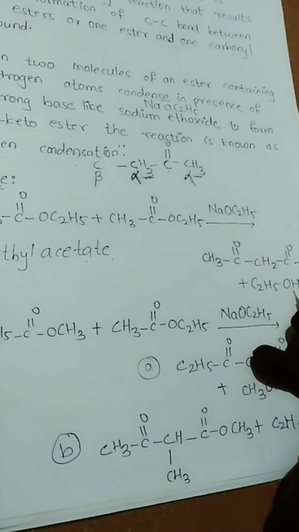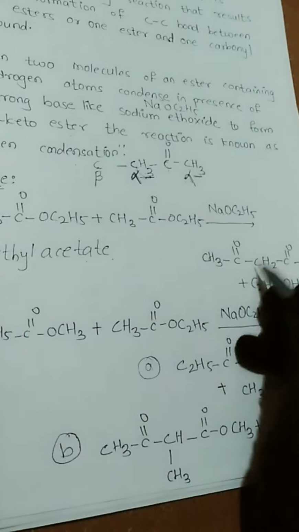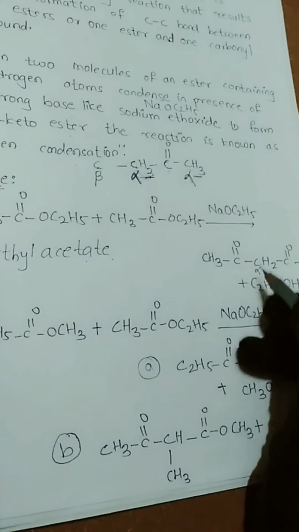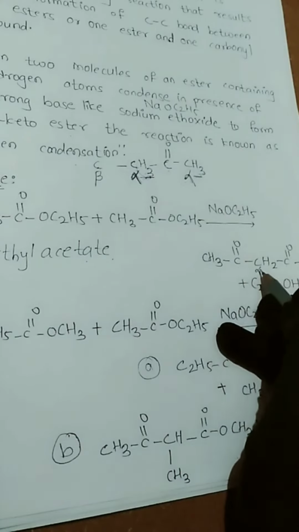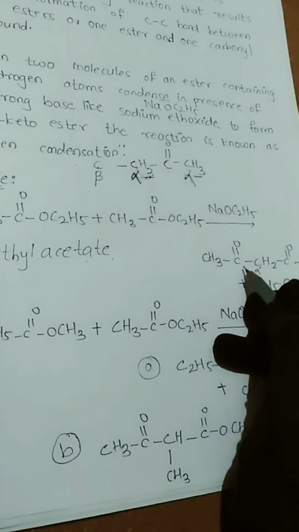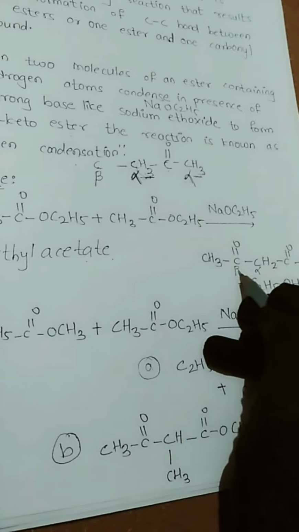Here you can see that this is the carbonyl carbon of an ester. The carbon which is next to the carbonyl carbon is our alpha carbon, and the next carbon after the alpha carbon is our beta.